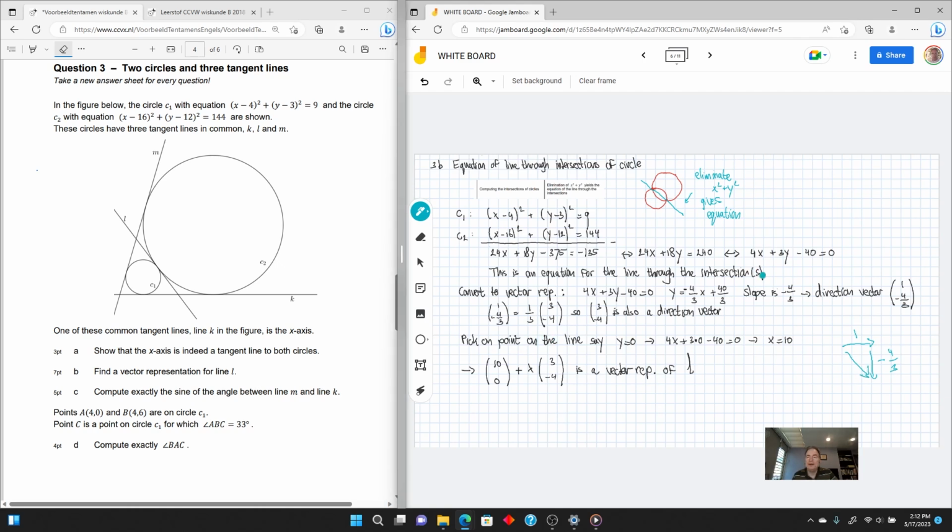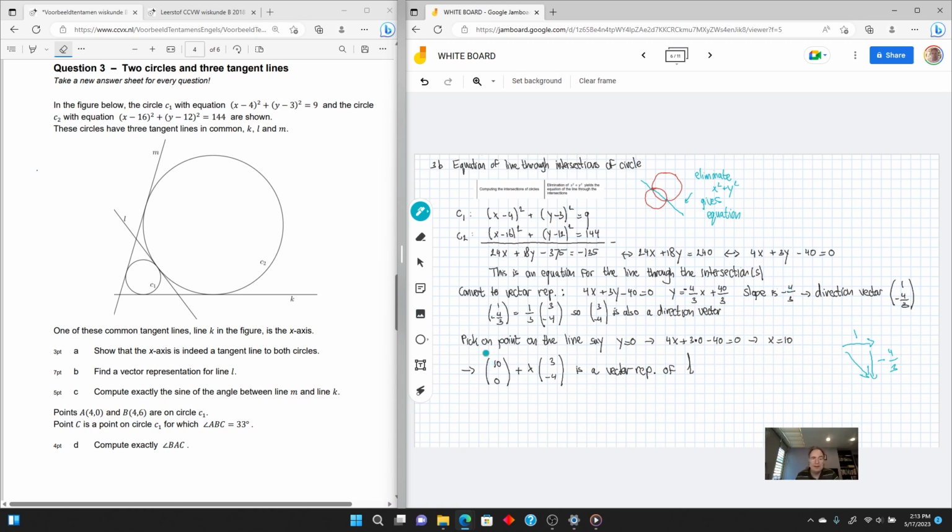And then in order to get this representation, we will also need to know one arbitrary point on the line. It doesn't have to be the intersection point, any point on the line. So just find something that is very simple. Let's say I set y equal to 0, then I find x has to be equal to 10.